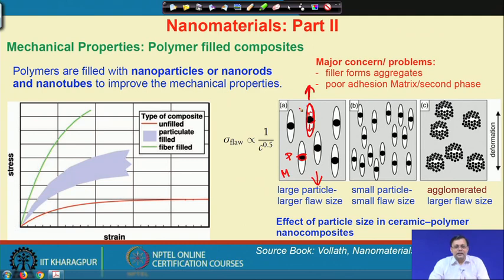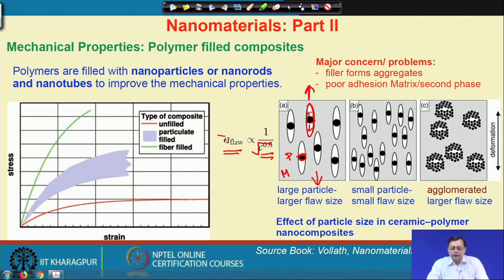And there is a relation between the strength of a composite and the size of a crack.